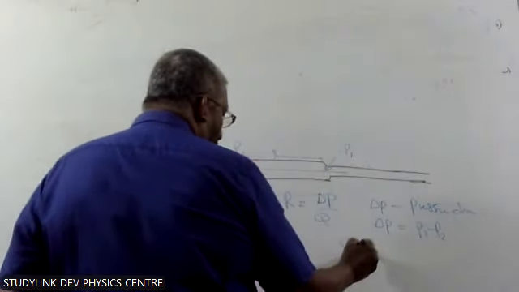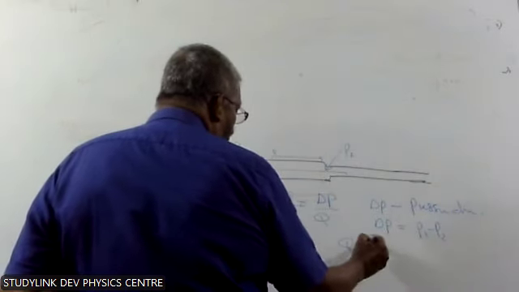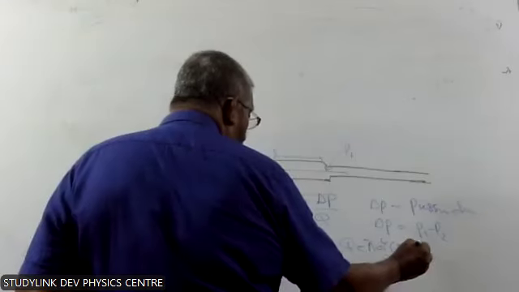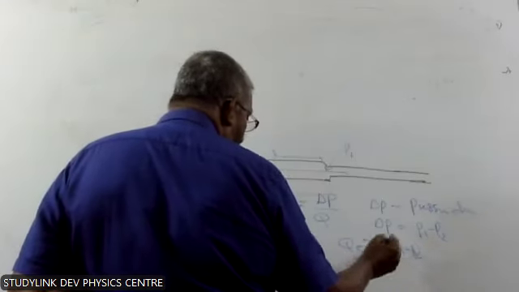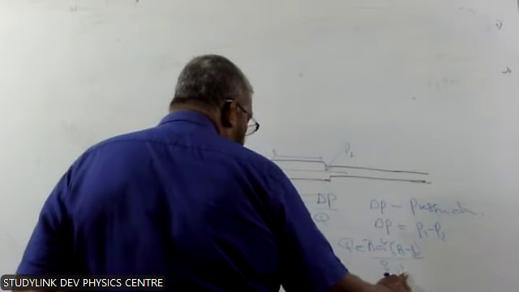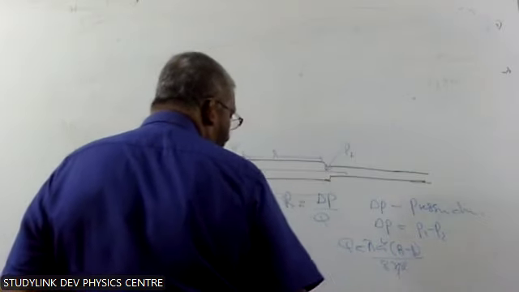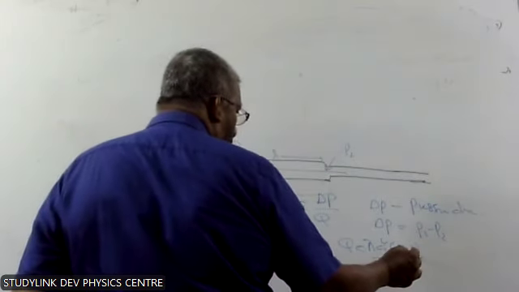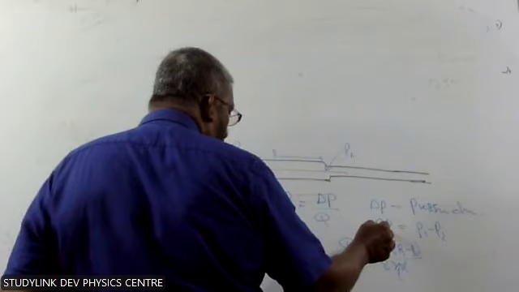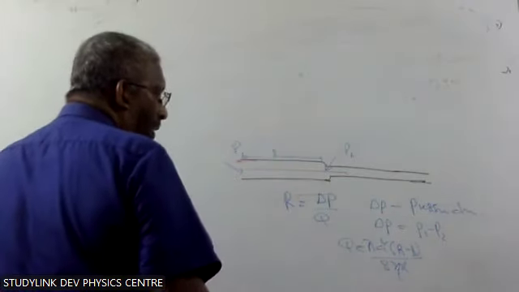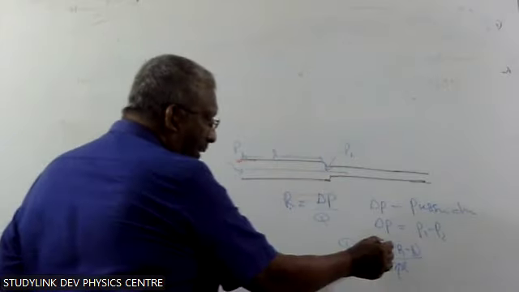Q can be obtained using the Poiseuille's law. Pi a to the power 4, then P1 minus P2 divided by 8 eta L. So all are given. We can find P1 minus P2. Then delta P is known. So Q is known. We can get a value. Or directly we can find this here.